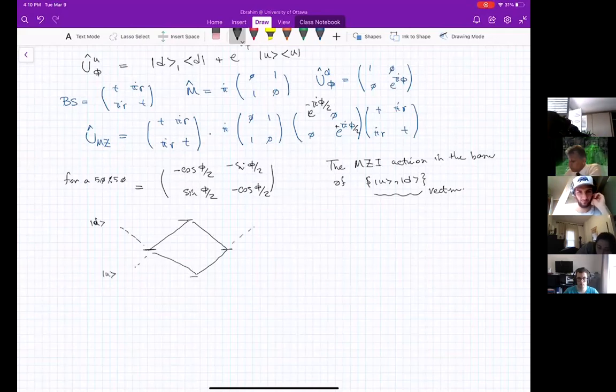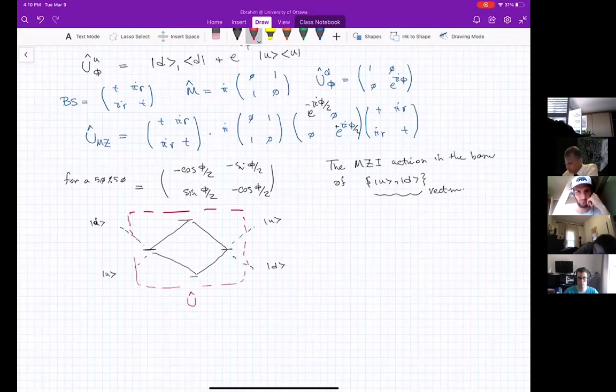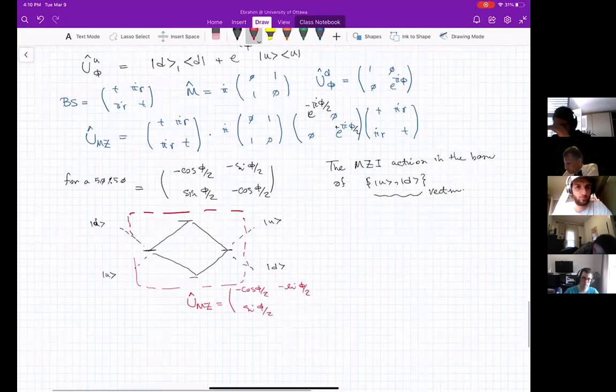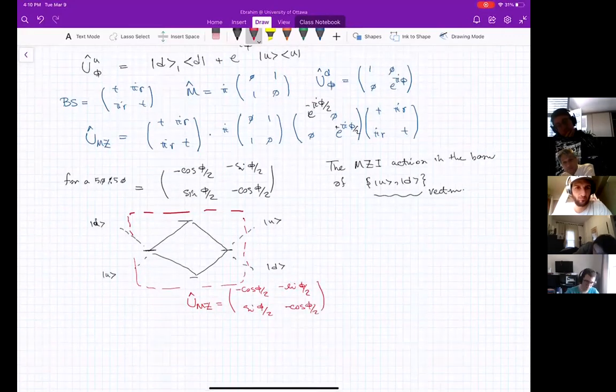And it has an output, which is up and down. Good. This is my machine. And the machine is unitary. And this is the action: minus cosine of phi divided by 2, minus sine of phi divided by 2, sine of phi divided by 2, minus cosine of phi divided by 2. All right? Lovely.